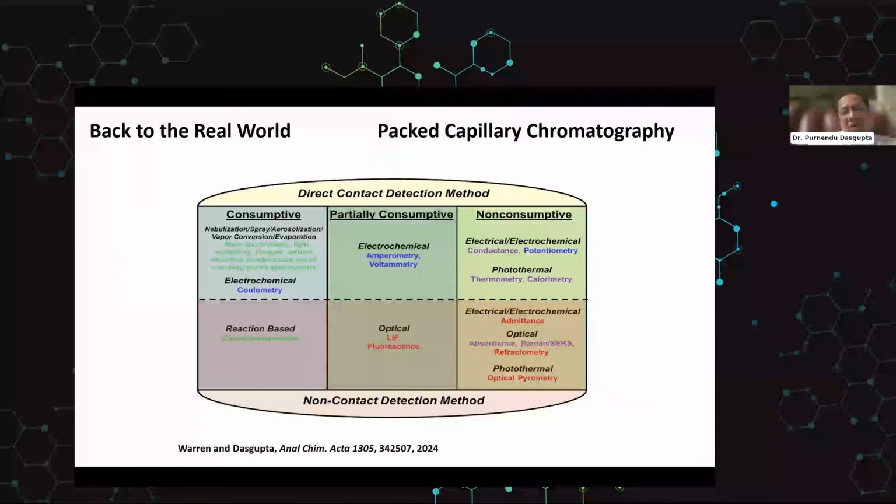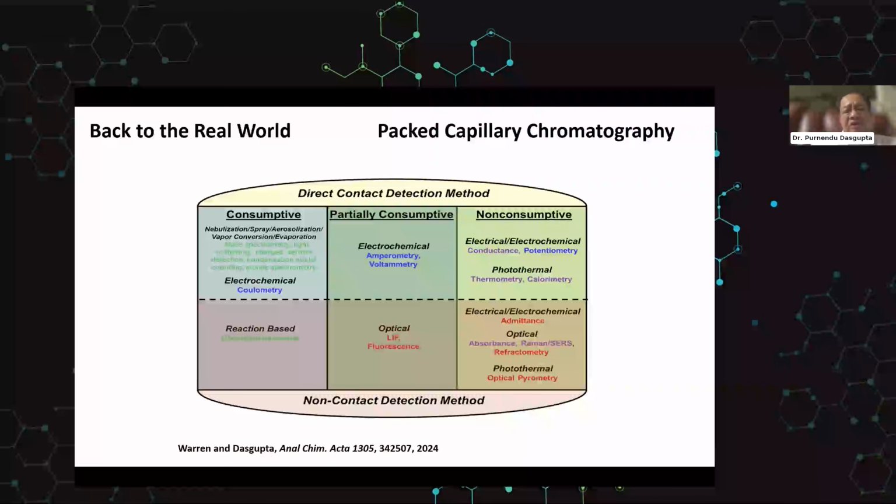So back to the real world, let's talk about detectors. Generally, you can divide them into multiple categories depending on your preference. There is direct contact, where however you're trying to measure, it's in contact with the solution, or not, and that has the ramifications that whatever is touching it might get tarnished over a period of time.